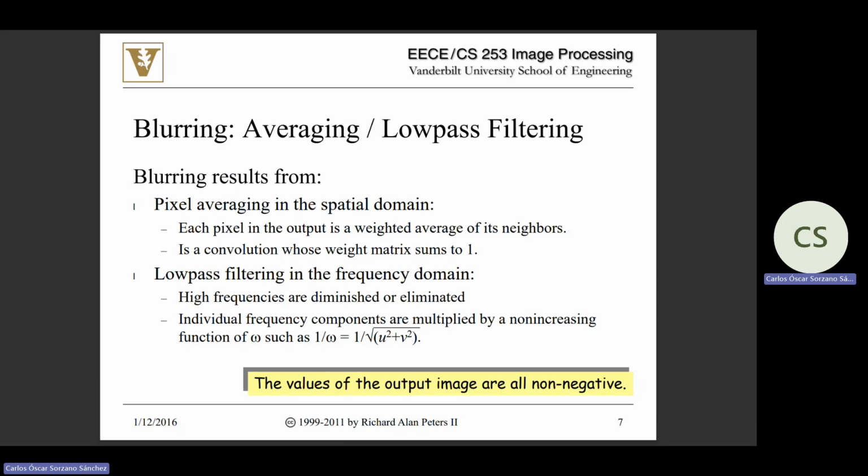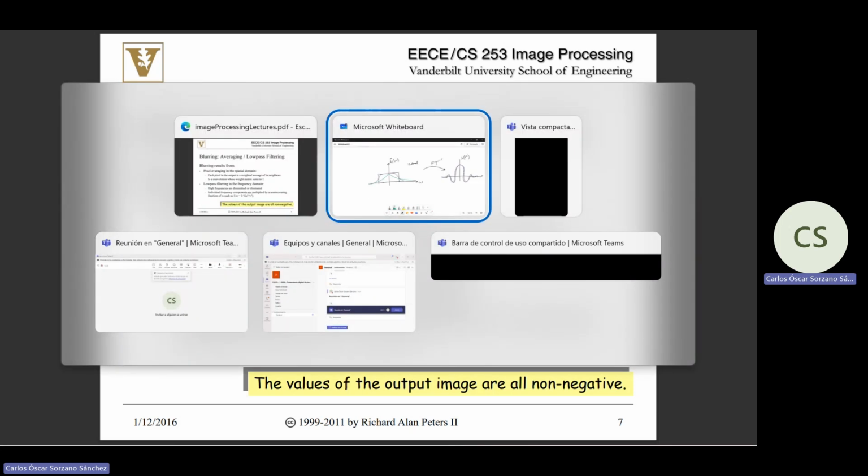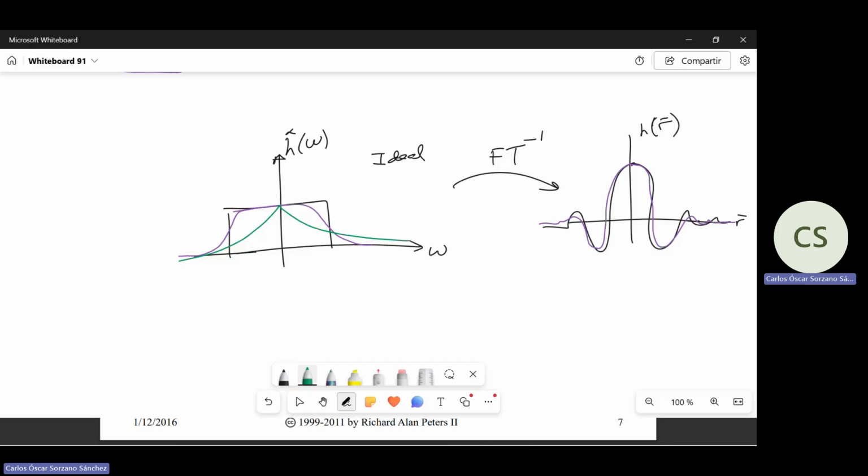What is a low pass filter in real space? It is averaging, and in frequency space, it is something where high frequencies are attenuated or go to zero. And this is one of them. So 1 over omega is one of these low pass filters, right? Because 1 over omega, let's do it with a different color, is like this. So high frequencies are attenuated.